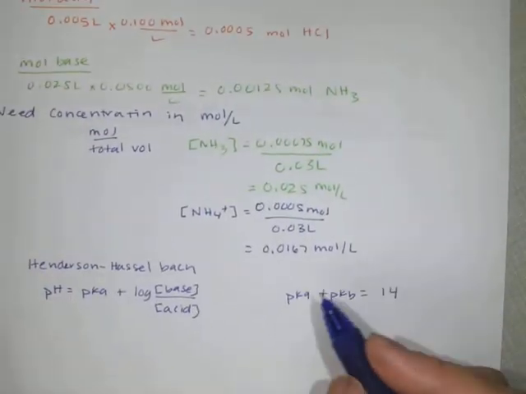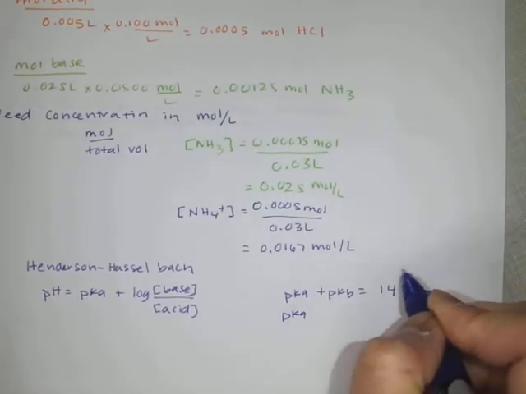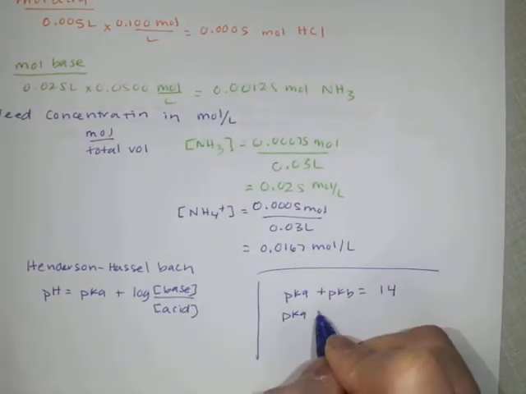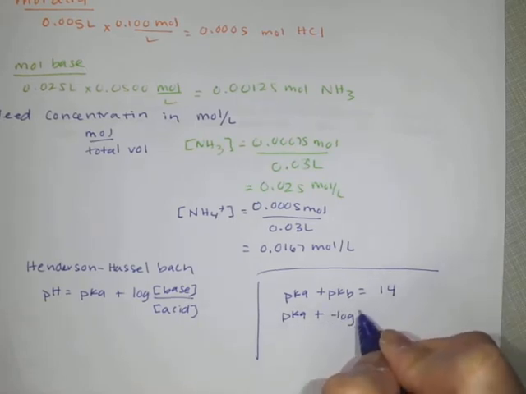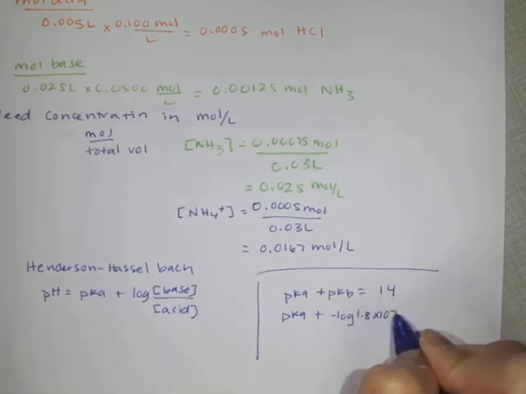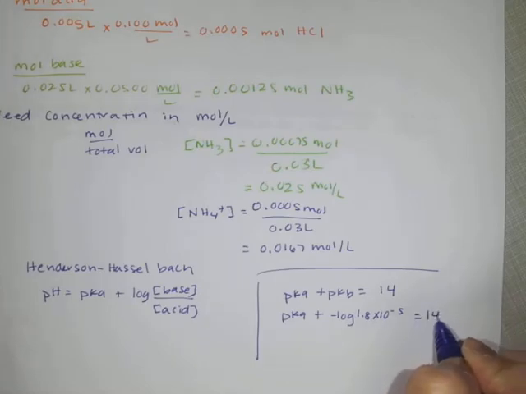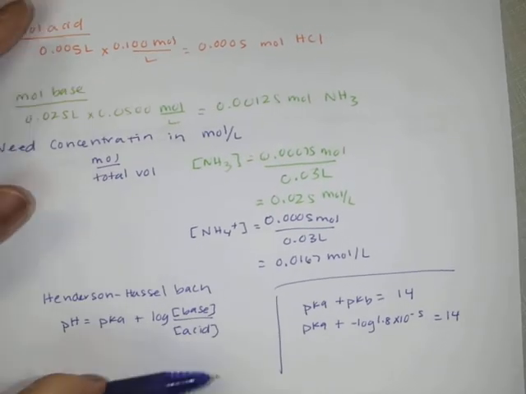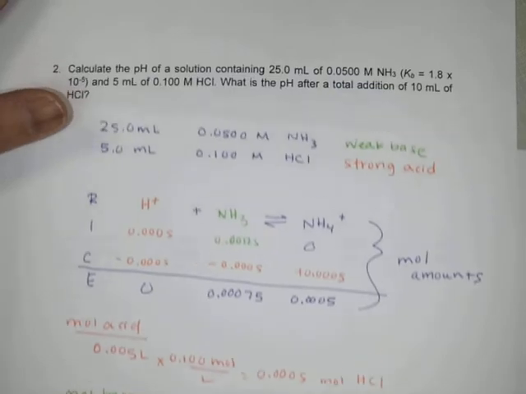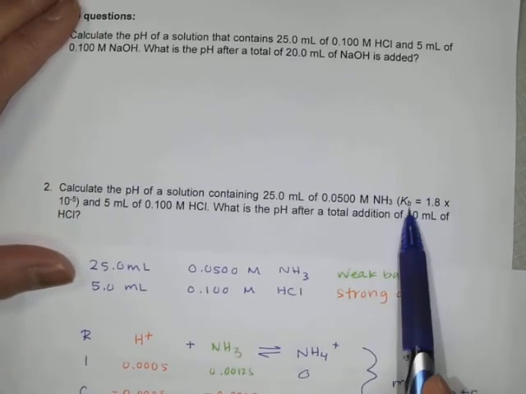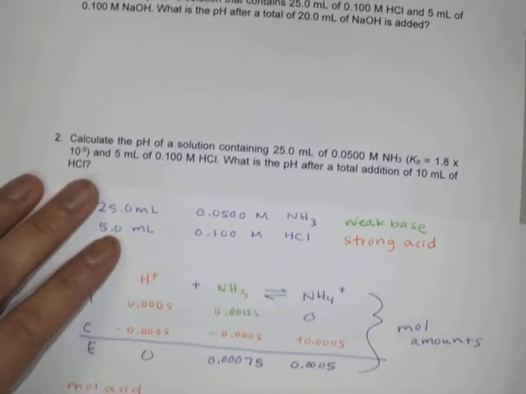So I'm going to do pKa, this is just on the side here, pKa plus the negative log of 1.8 times 10 to the negative fifth equals 14. So again, pKb is equivalent to taking the negative log of the Kb, which was given there.